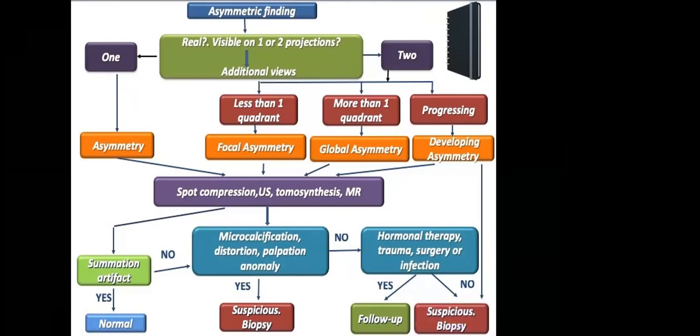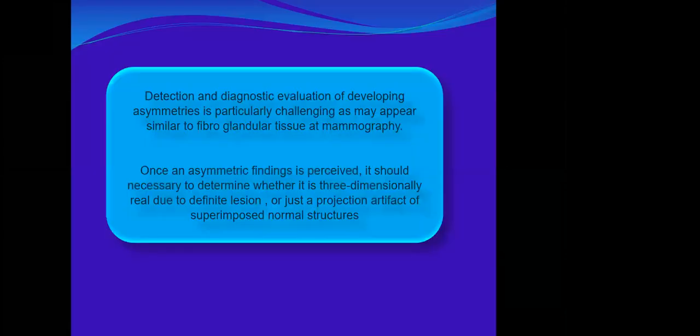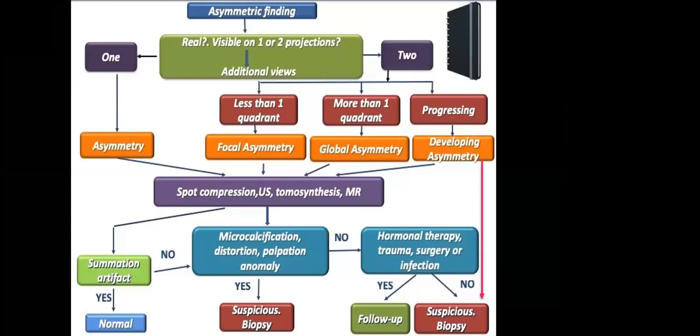And for one of these asymmetries from the beginning, regardless, I have to raise the suspicion until proven not a suspicious finding, which is the developing asymmetry, BI-RADS 4. Okay, so now we went through the algorithm.